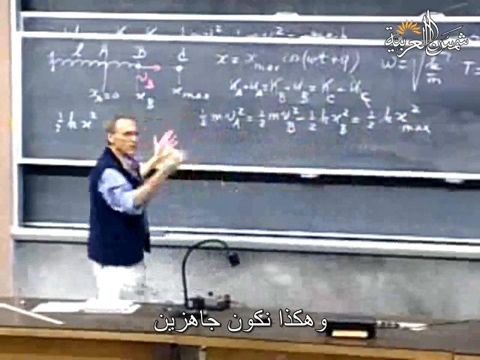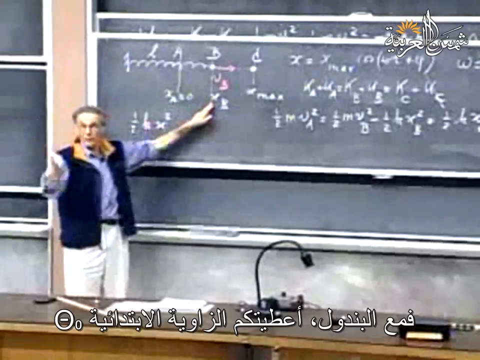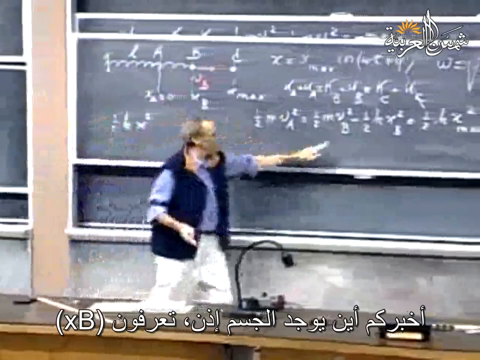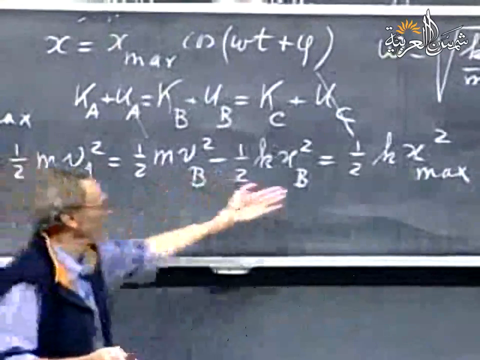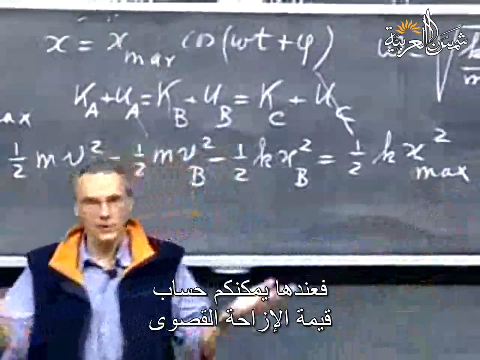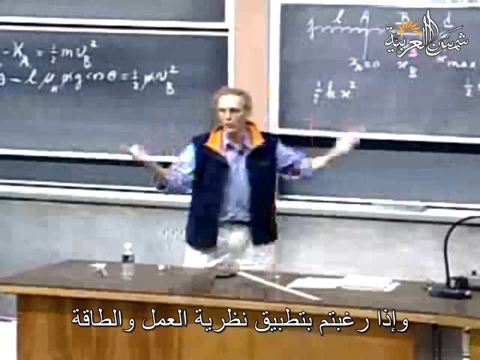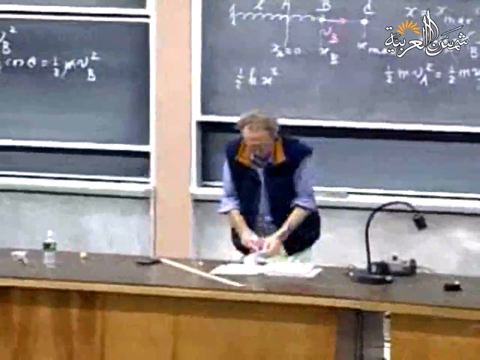And you are in business. If I tell you where the object is, with the pendulum I gave you the initial angle, theta 0, so you know x of B. I tell you what speed I gave it, so you know this one. You can calculate what the maximum displacement is. Exactly the same idea. And if you want to apply the work energy theorem, of course, you will get exactly the same result. This is in fact the same thing.